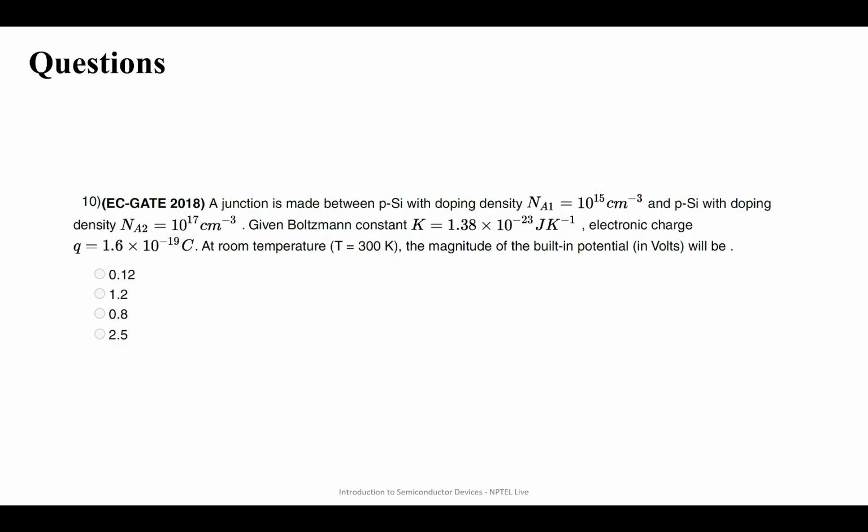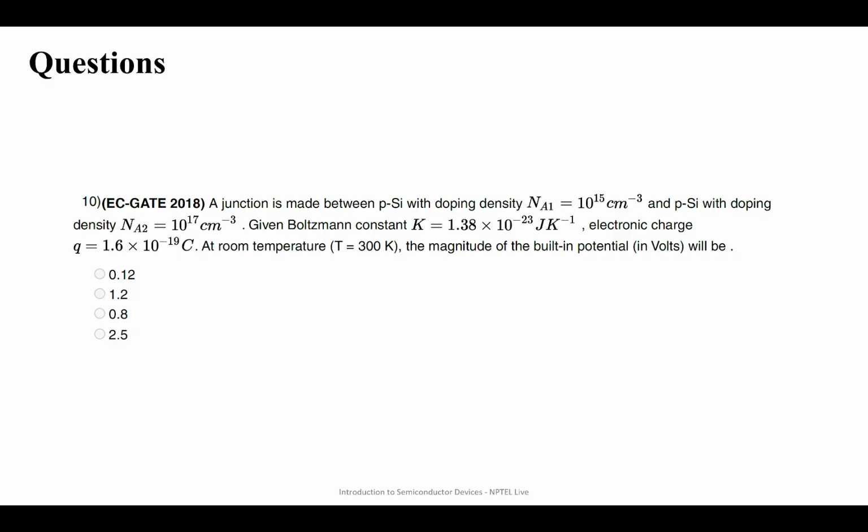A junction is made between P silicon with dopant density Na1 equals 10^15 per centimeter cube and another P silicon with dopant density Na2 equals 10^17 per centimeter cube.